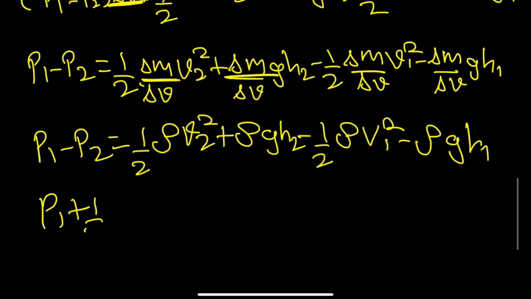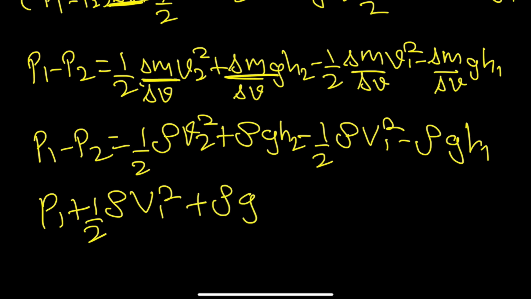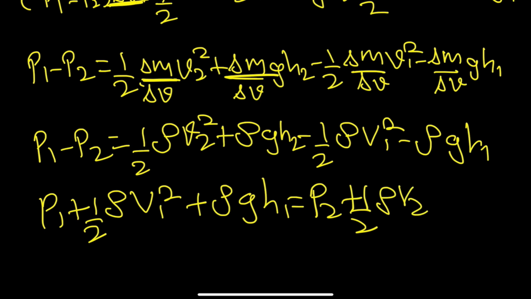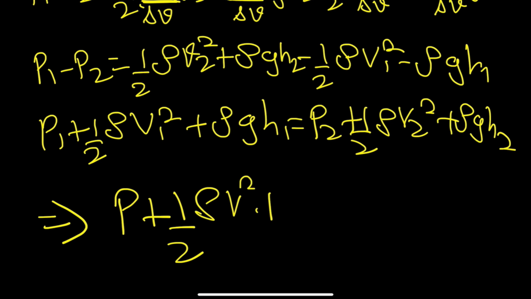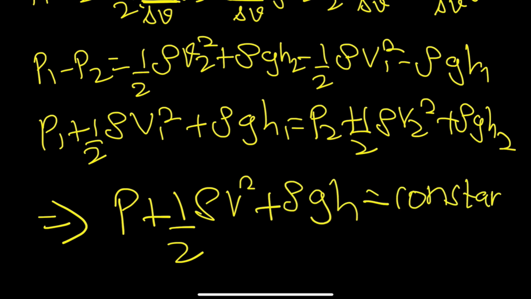Now I'm just arranging the elements here. Now what we are seeing here is that P plus half rho V square plus rho g H is always constant.